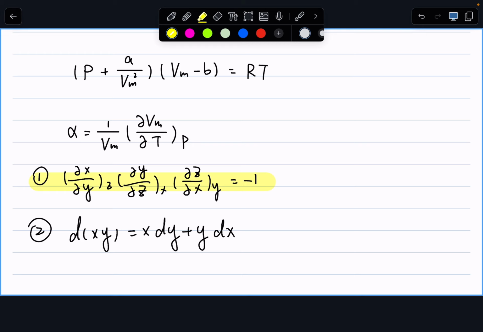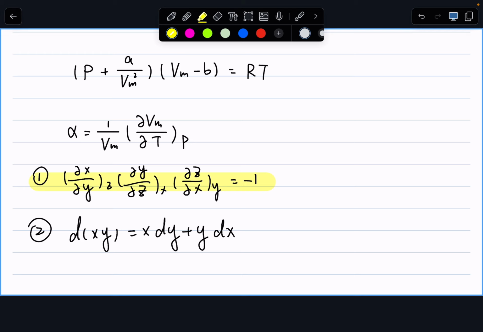And this whole thing equals negative 1. And then it becomes just a movement of terms and solving for the relationship and simplification. I'm just going to give you the simplified version, but it shouldn't be very hard to move the terms around.